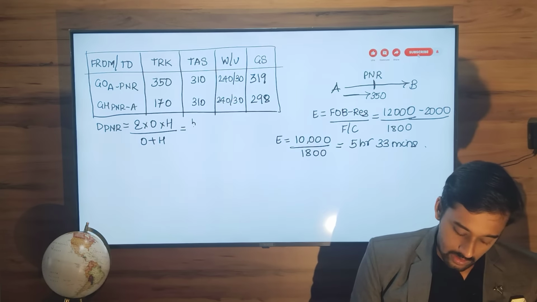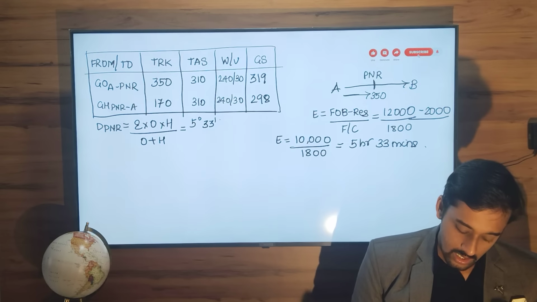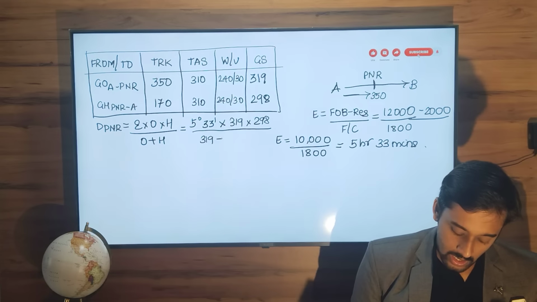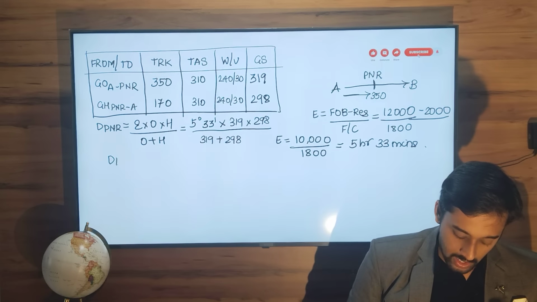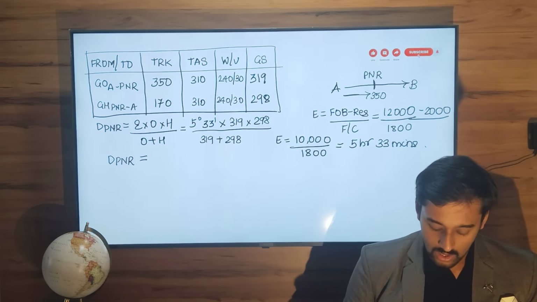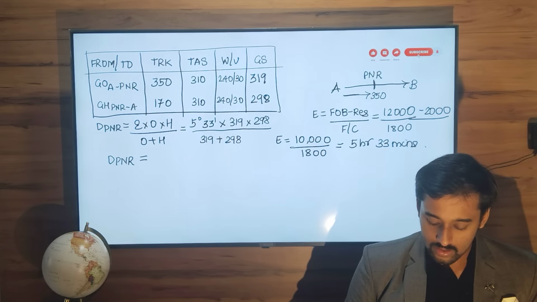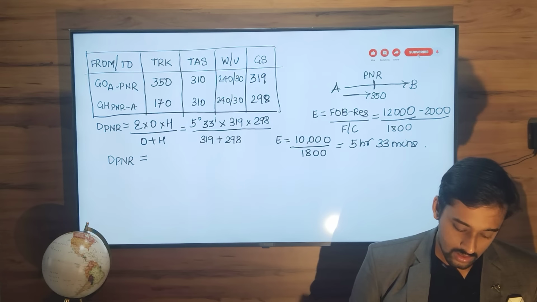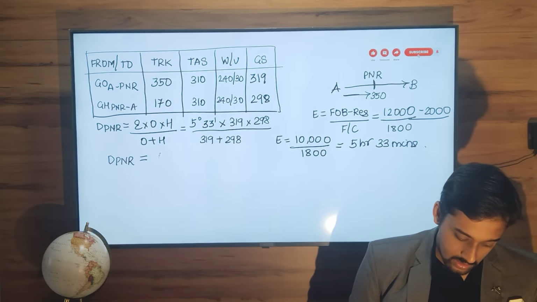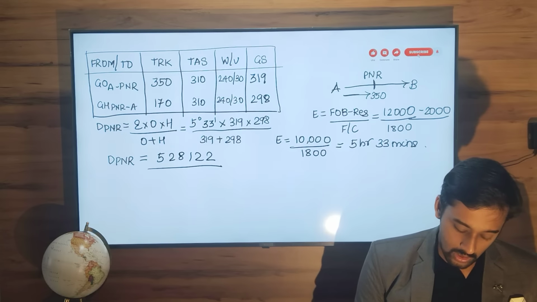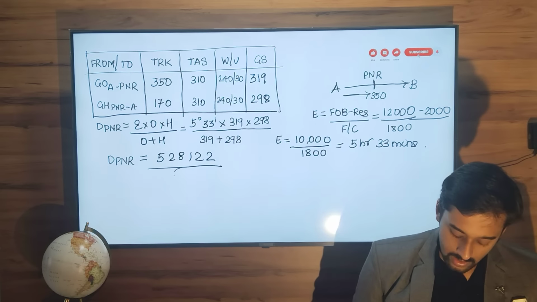So let's put that here. 5 hours 33 minutes into 319 into 298 divided by 319 plus 298. So distance to PNR will be 5 hours 33 minutes into 319 into 298 divided by, so 319 plus 298 is 617.